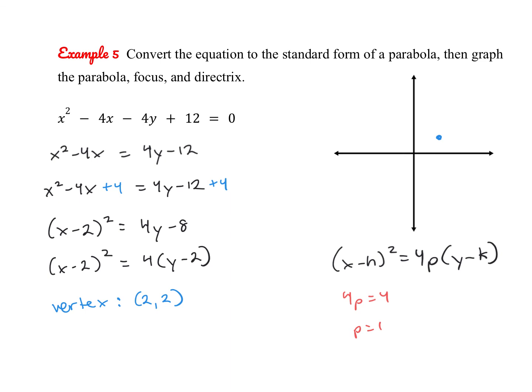So this is going to open upward, something like this, which means that our focus is above and our directrix is a horizontal line below. So our focus is 1 unit above, so I add 1 to y, and our directrix is a horizontal line, so y equals, and it's 1 unit below, so I subtract 1 from our y value, so y equals 1. And there you have it.